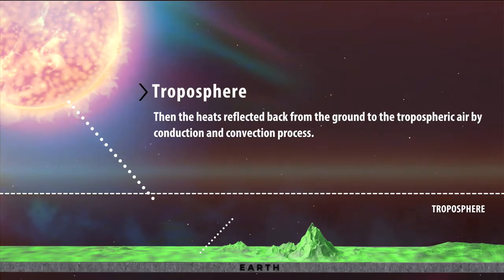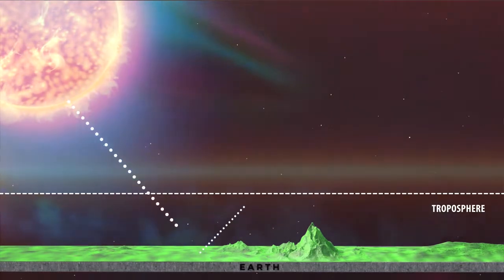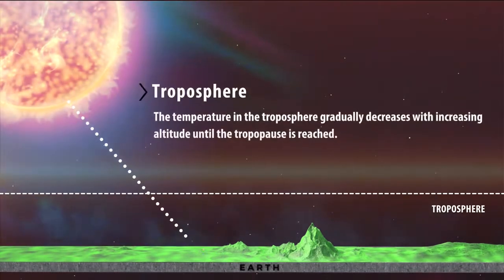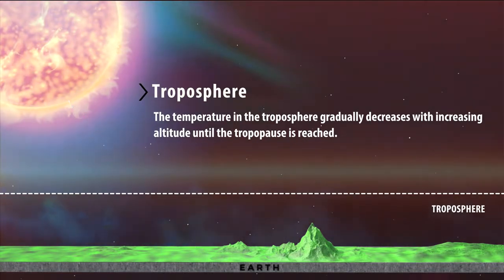Then, the heat is transferred from the ground to the tropospheric air by conduction and convection processes. The temperature in the troposphere gradually decreases with increasing altitude until the tropopause is reached.